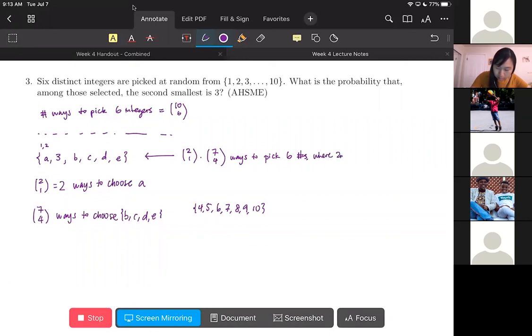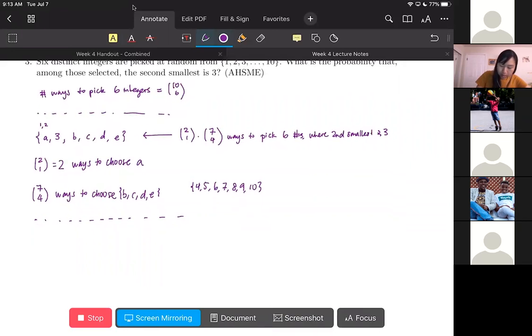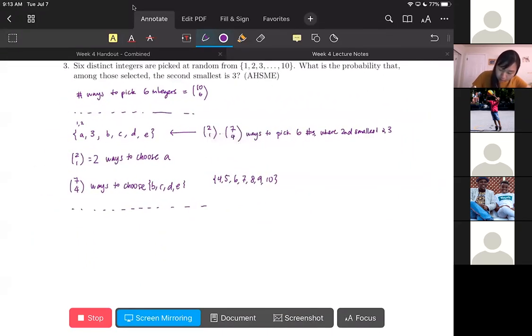Where second smallest is 3. So if we put that together, then the total probability is actually 2 choose 1 times 7 choose 4 over 10 choose 6.